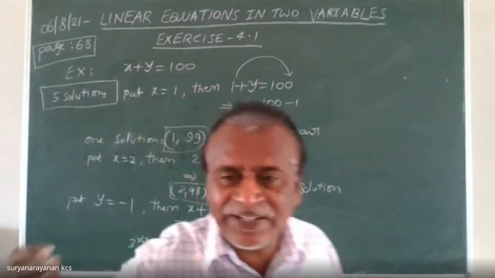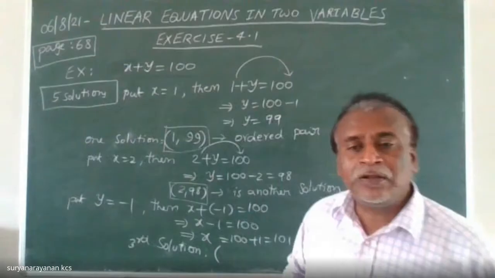How do you represent this solution? Very good. Tell me the ordered pair. Sir, 101 comma minus 1.